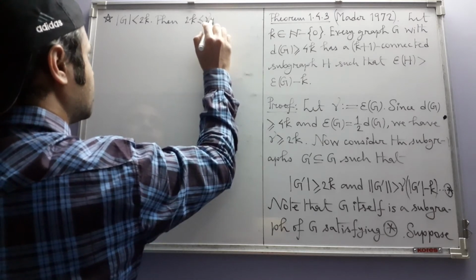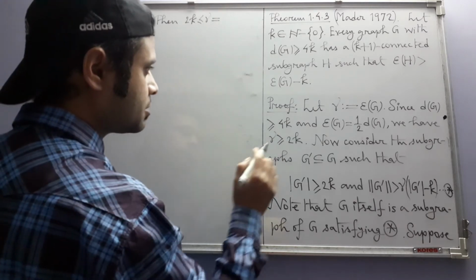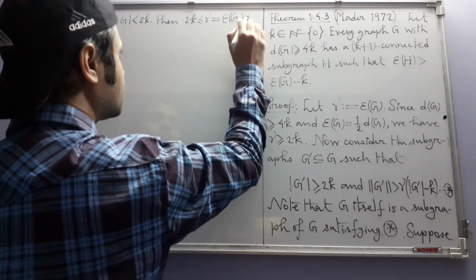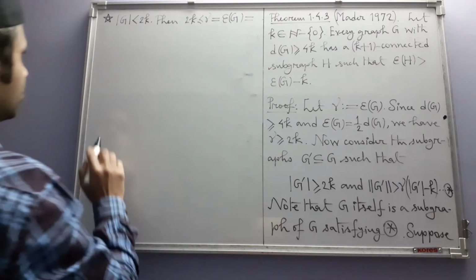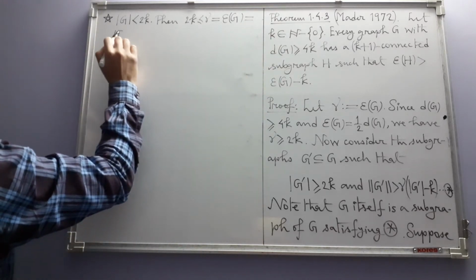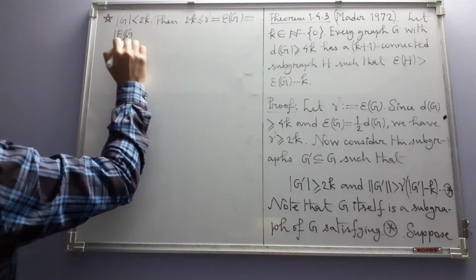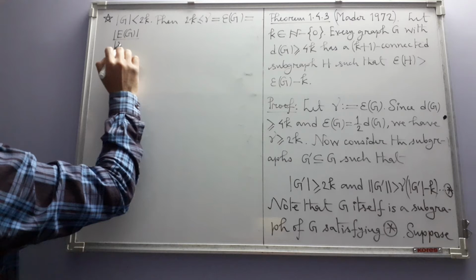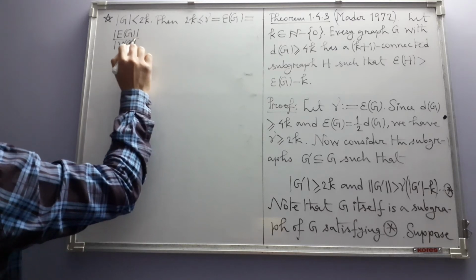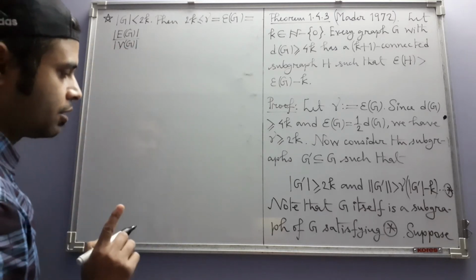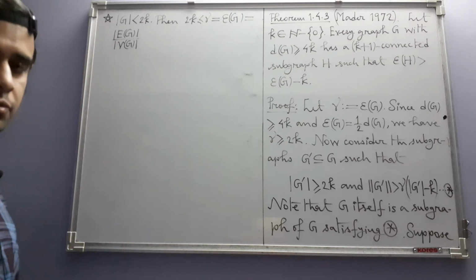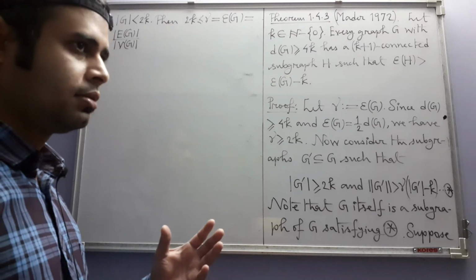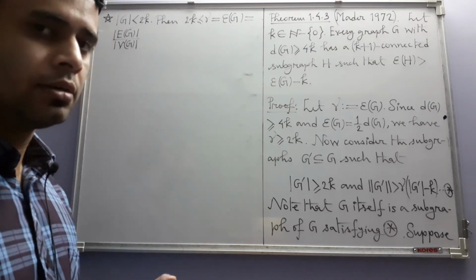And gamma is what? Gamma is epsilon of G, and epsilon of G by definition is the number of edges in G divided by the number of vertices in G. Now the number of edges in any graph, say having n vertices, at most how many edges can be there?